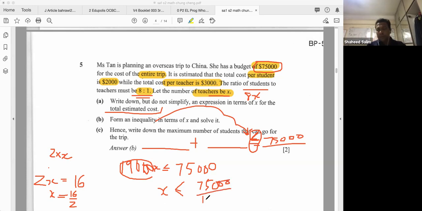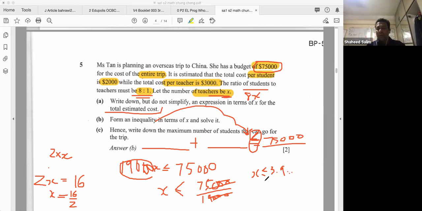Over 19,000. This one can cancel, the 0 can. So it's 75 divided by 19, so you will get what? X smaller than or equal to 3.9, something like that. Let's say we put 3.9 something. Now remember what is X supposed to be? It's the number of teachers.